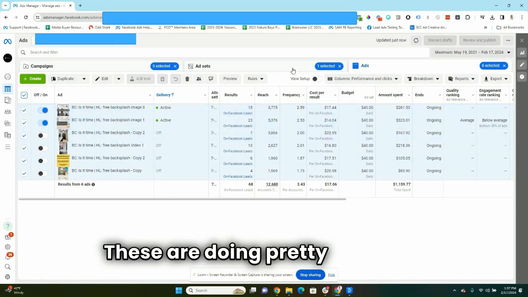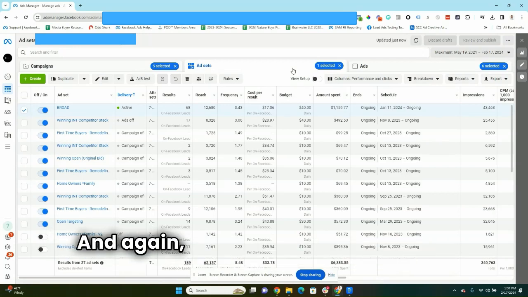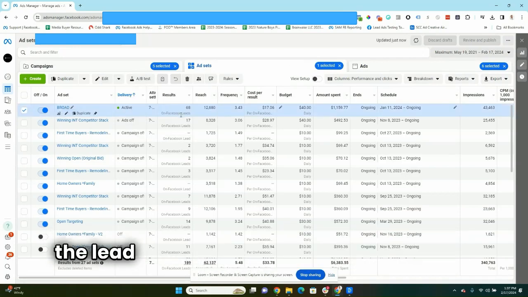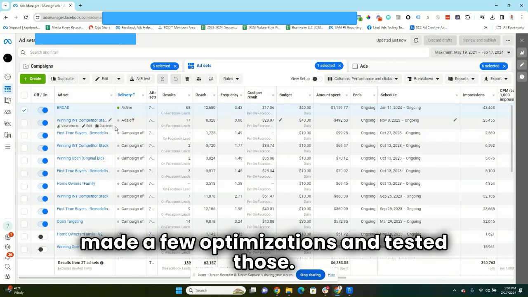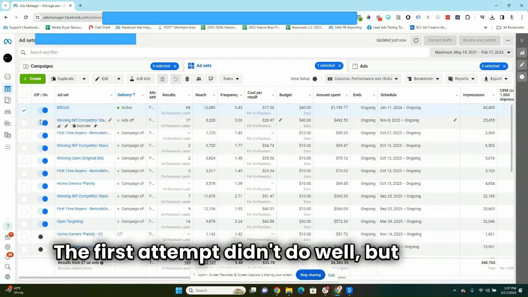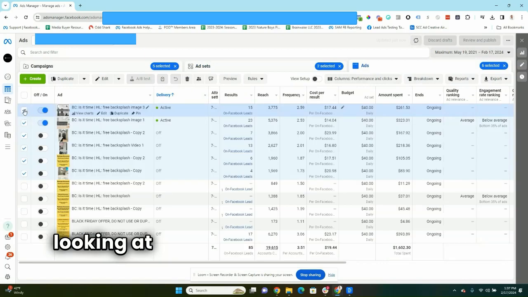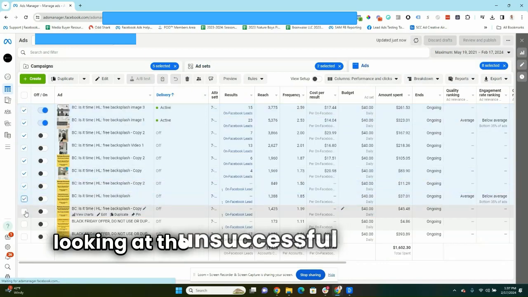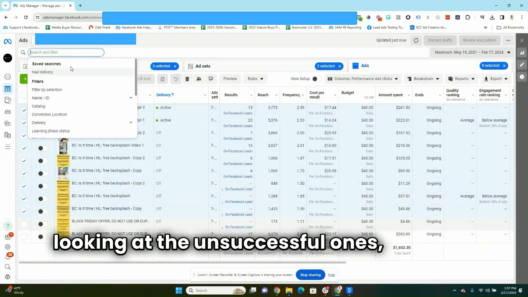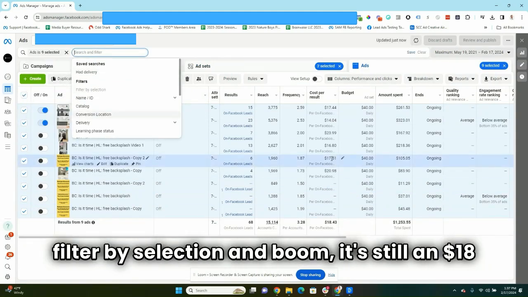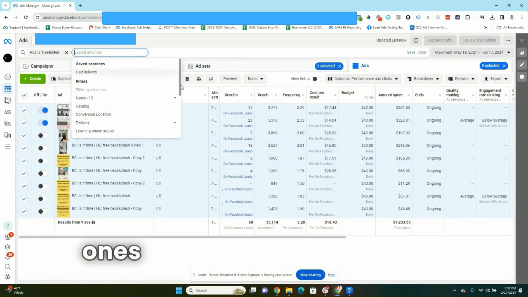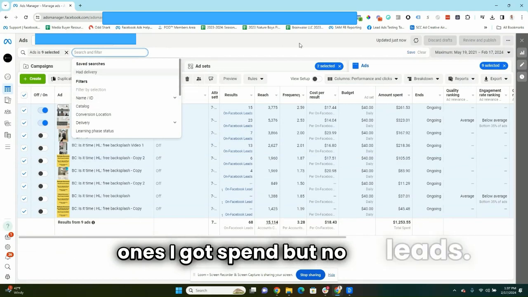These are doing pretty similarly. And again, to reemphasize, I changed nothing on the lead form, nothing about the offer, just made a few optimizations and tested those. The first attempt didn't do well, but even in looking at the unsuccessful ones, let's look at this. Filter by selection, and boom, it's still an $18 average lead. And even when we're looking at the ones that got spend but no leads.